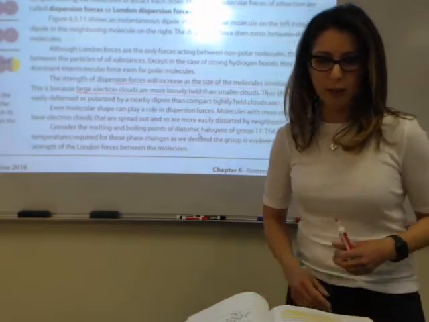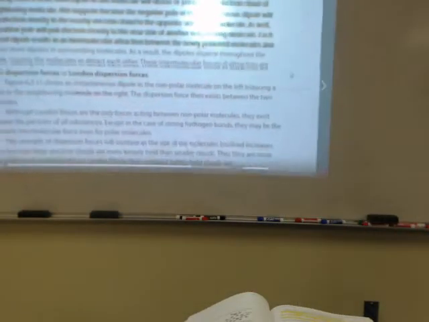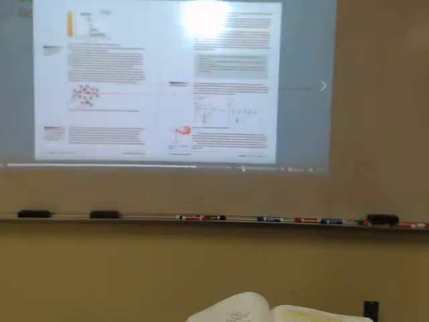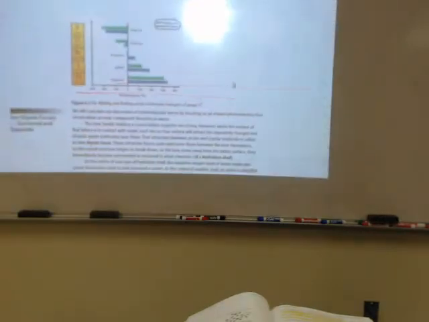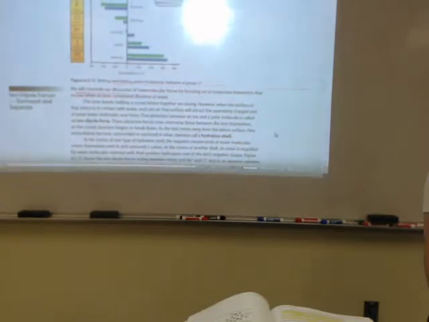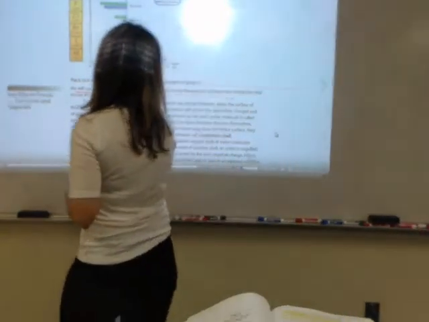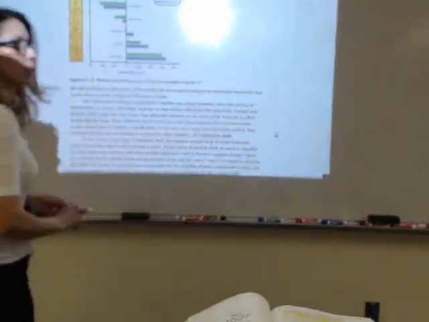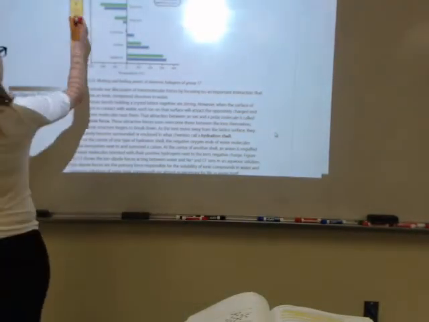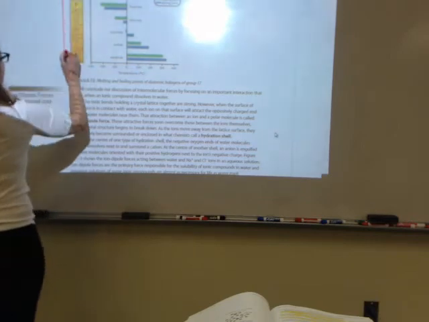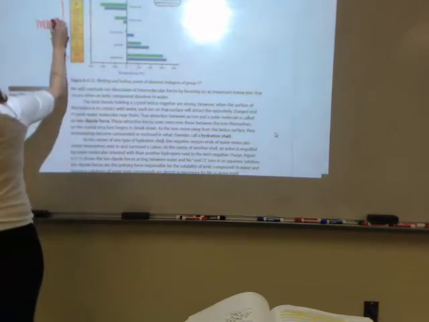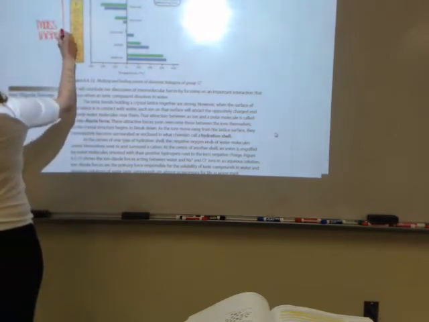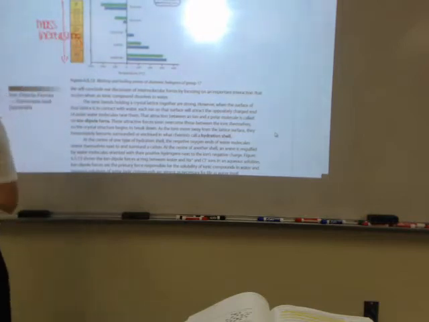So if I'm looking at, for instance, on this next page, fluorine, chlorine, bromine, iodine, and astatine, as I go down this group, this is group 17, the mass is increasing, and the size of my atoms is increasing, which means two things.